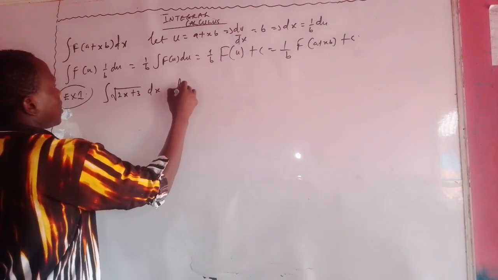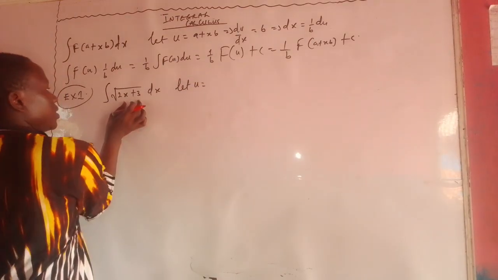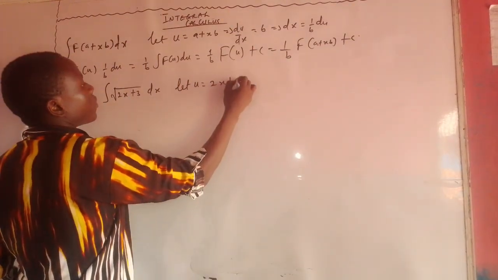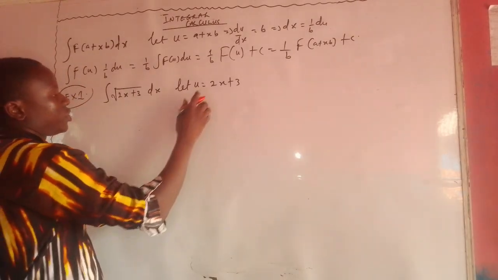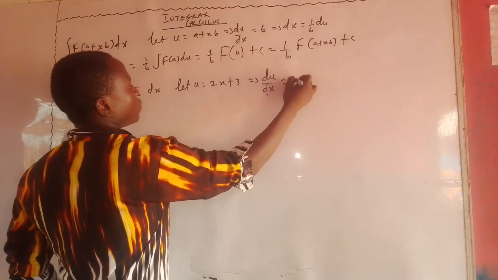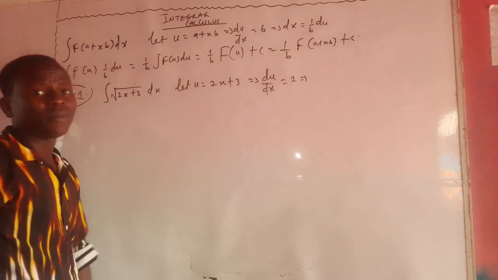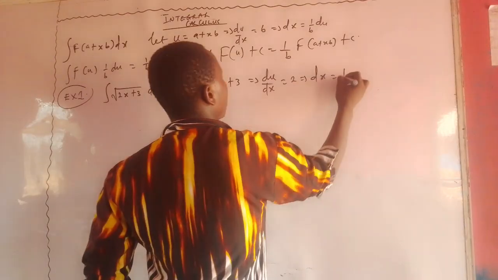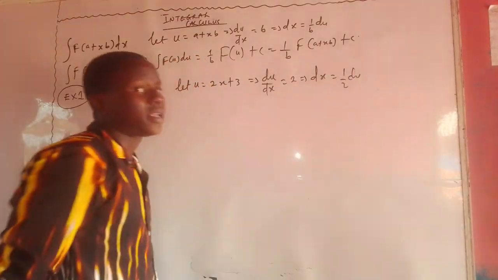Let u be equal to the term inside the square root, which is 2x plus 3. Then differentiate with respect to x. We have du over dx is equal to 2. Then making dx the subject of the formula, we have dx is equal to 1 over 2, du.